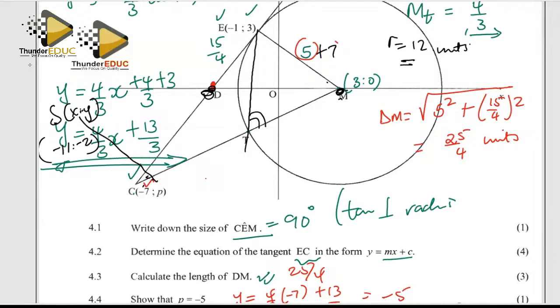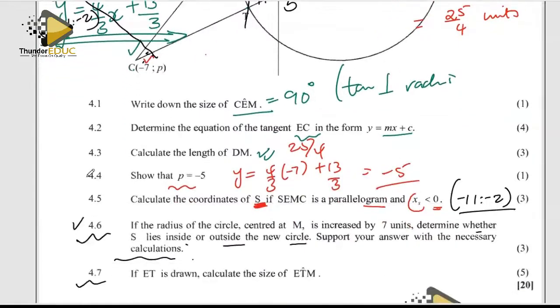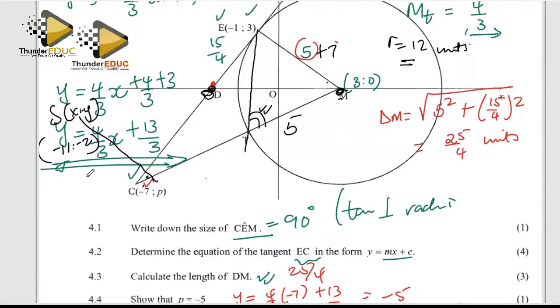So the only thing I know is that this is a 5. If that is a 5, how do we find this angle here for 5 marks? Do we have the equation of CM? Because I'm thinking of finding the equation of CM, but is it going to help?